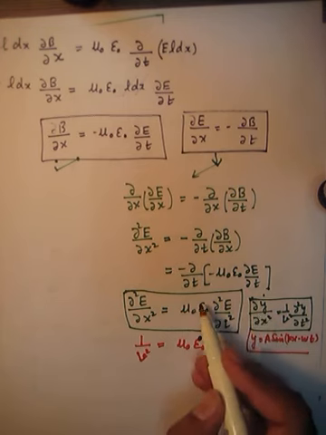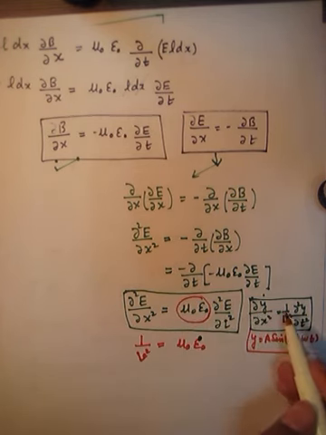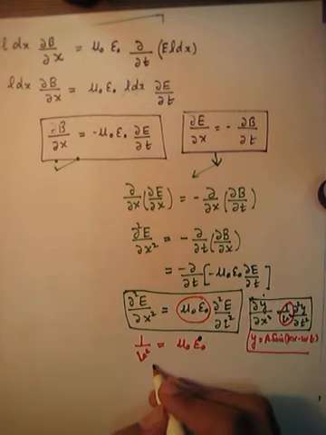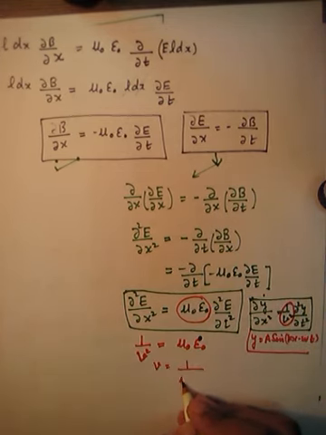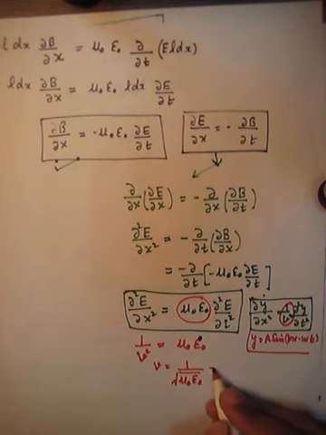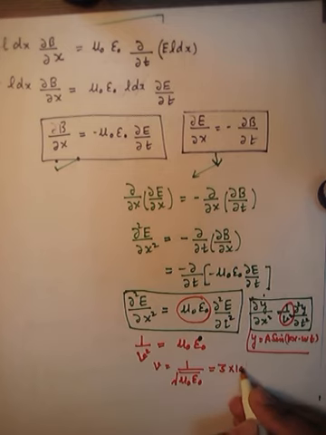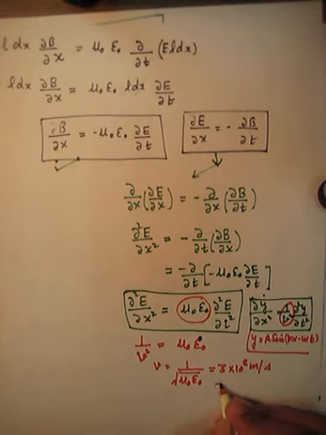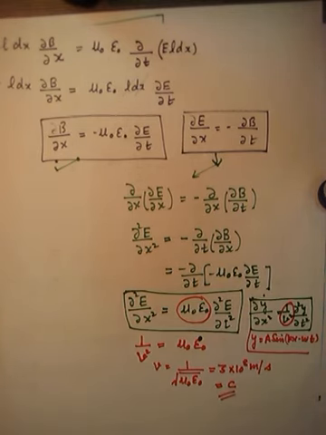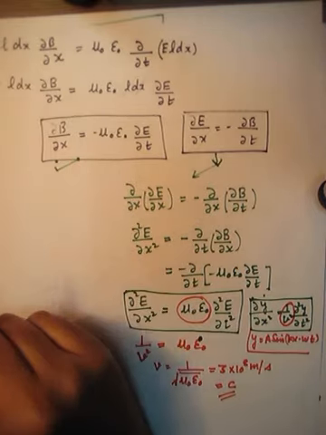So v will be equal to the square root of 1 upon mu naught epsilon naught, and this comes out to be 3 into 10 raised to the power 8 meters per second, which is known as the velocity of light. So it means that the electromagnetic wave is moving with the velocity of light. Similarly, let us try to find an equation for the magnetic field.